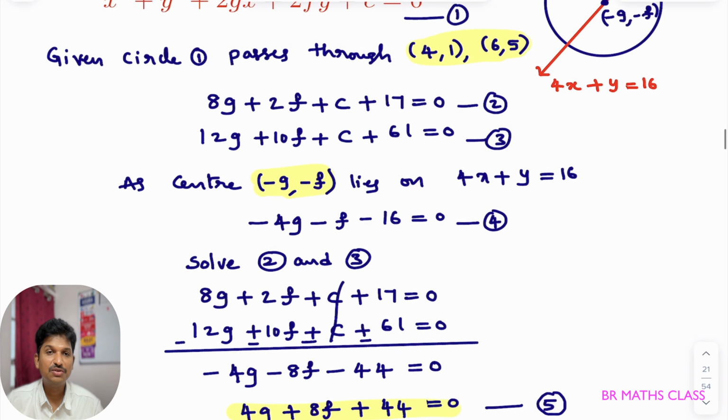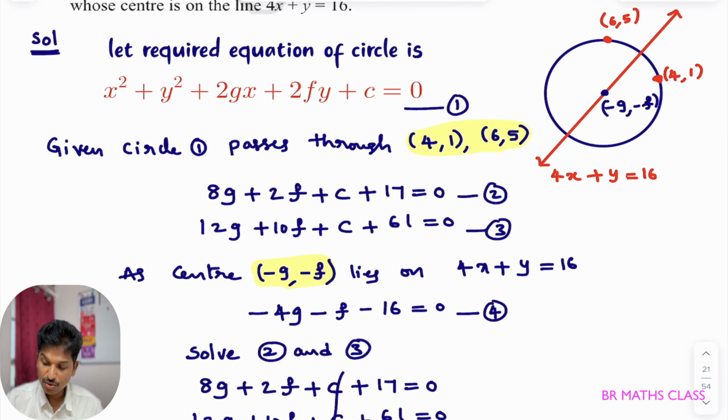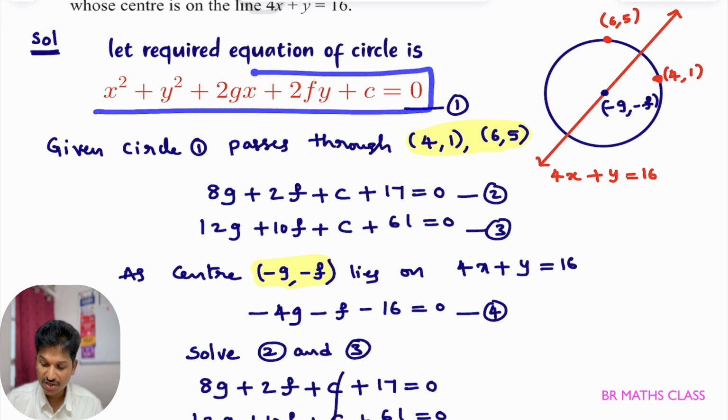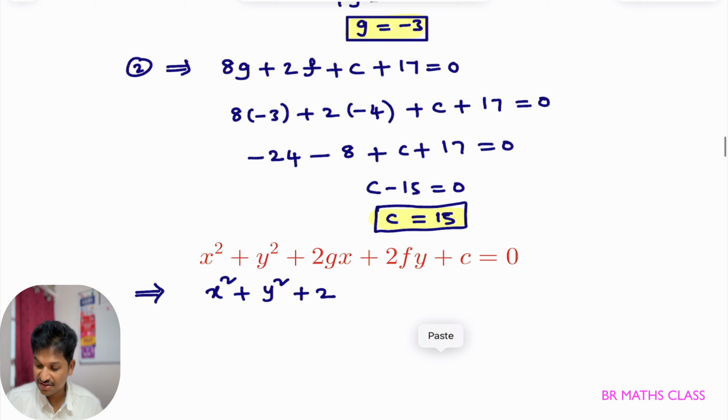Substitute these values in the required circle equation. What is the required circle? You take x square plus y square plus 2gx plus 2fy plus c equal to 0 as the required circle. In this, you substitute G value, F value, C value. In this circle equation, you write x square plus y square plus 2 into G. What is G? G is minus 3. 2F, F is what?